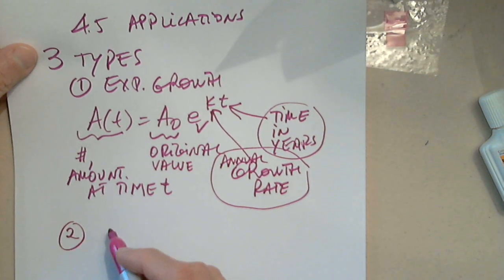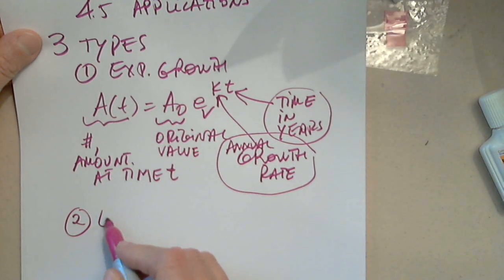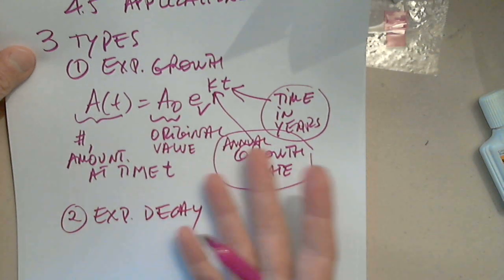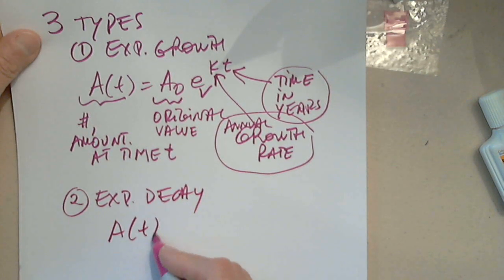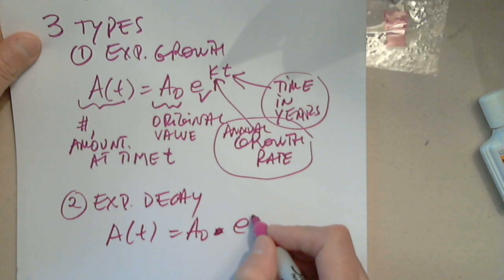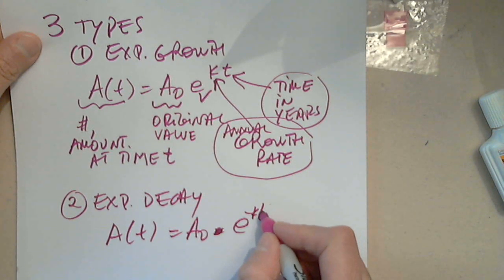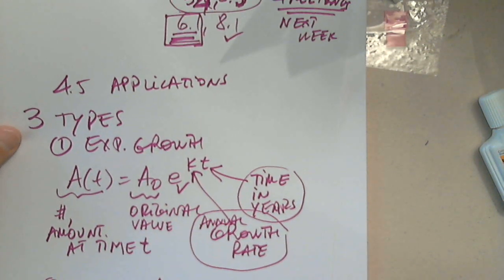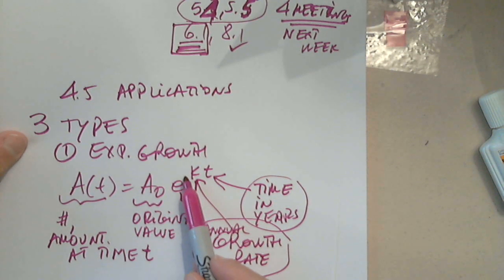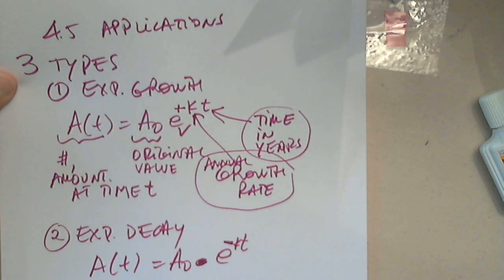Number two is the exponential decay. Everything the same, there is only one difference. The difference is that this has minus in front of k and this one has plus in front of k.